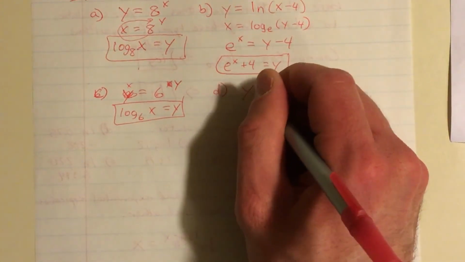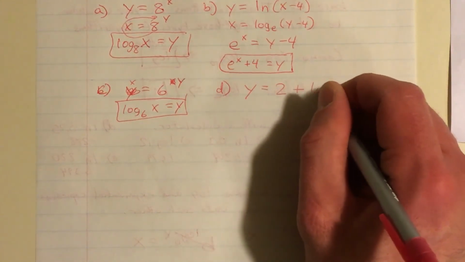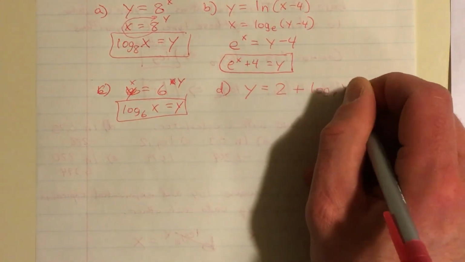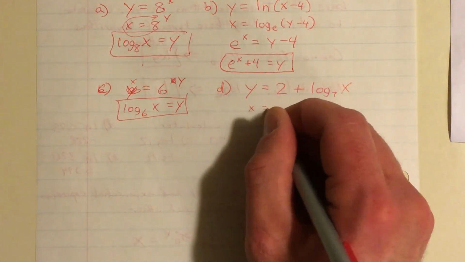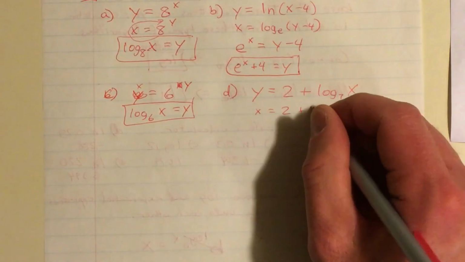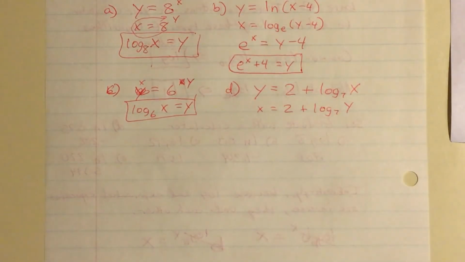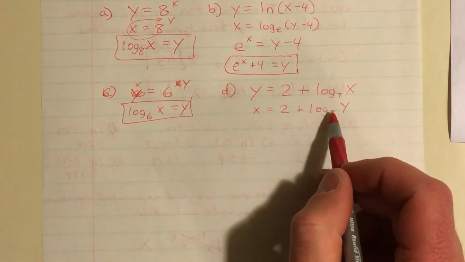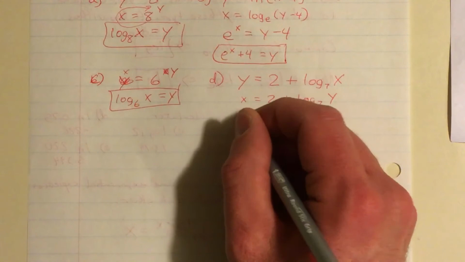Mix it up a little bit. y equals 2 plus log base 7 of x. Swap x and y.